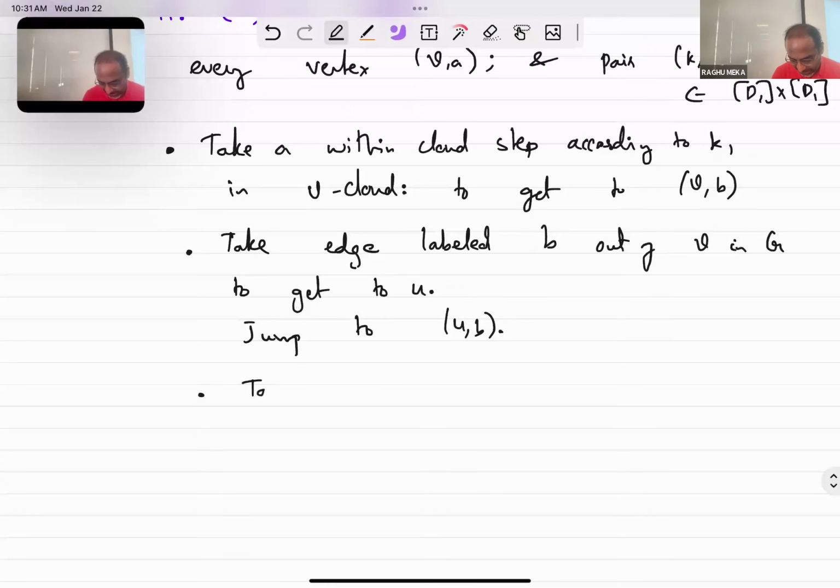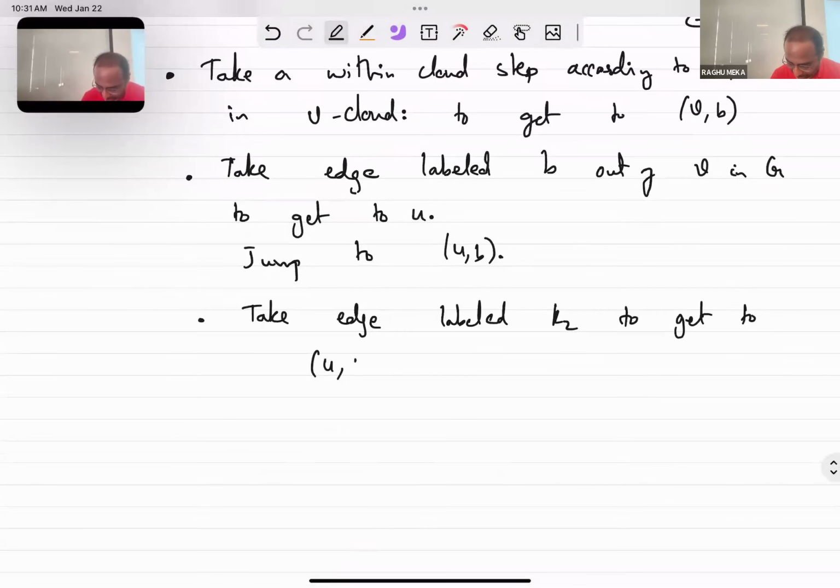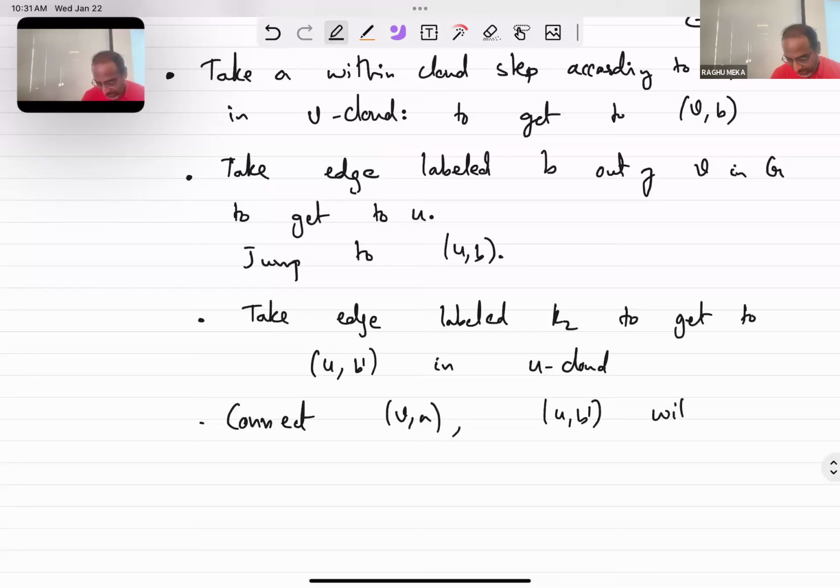And then take edge labeled K2 to get to, maybe, U comma B prime in U cloud. Connect V comma A, U comma B prime with edge label K1.